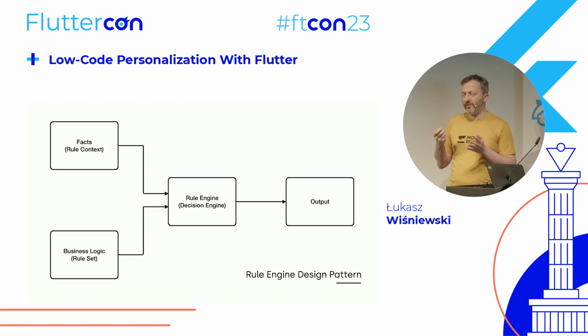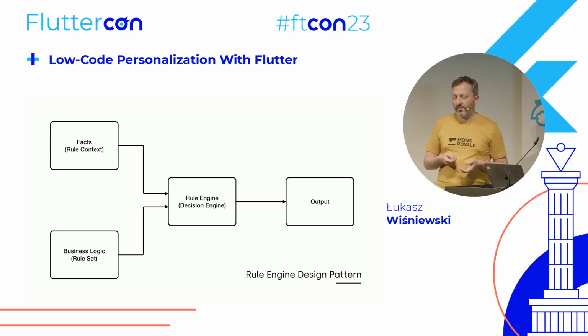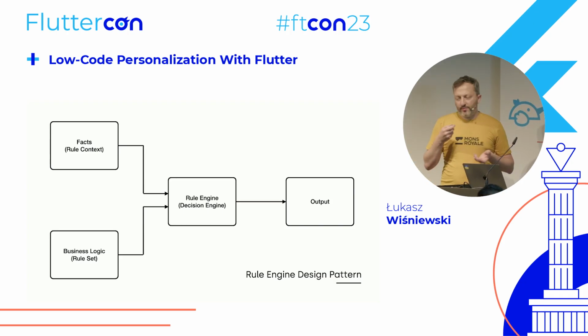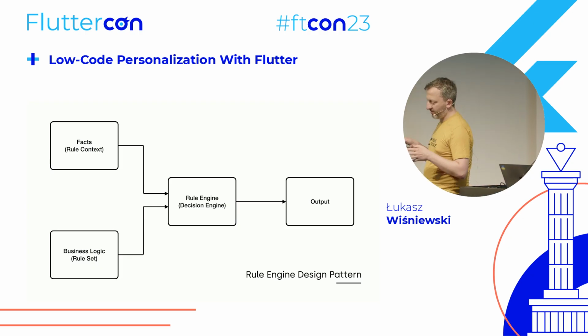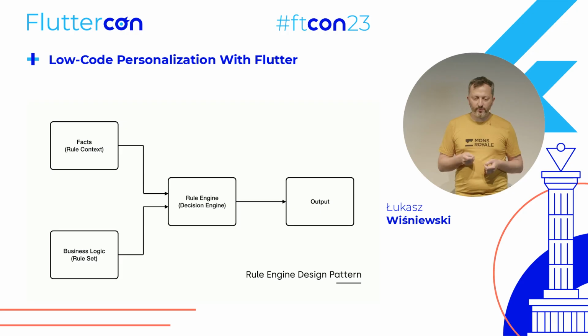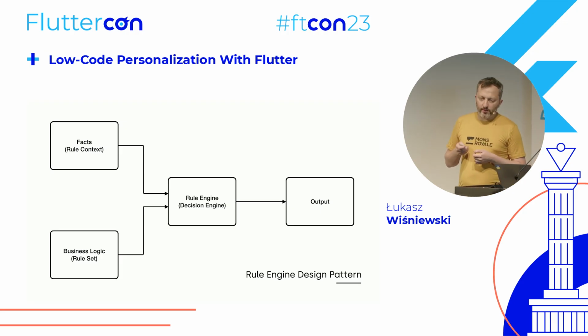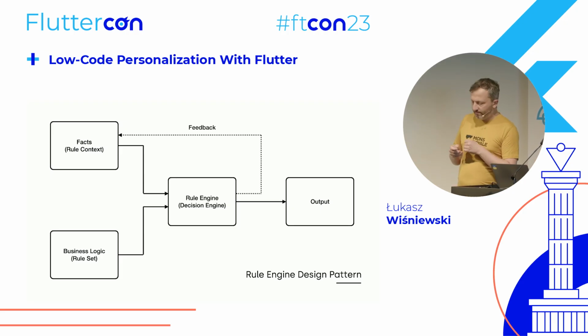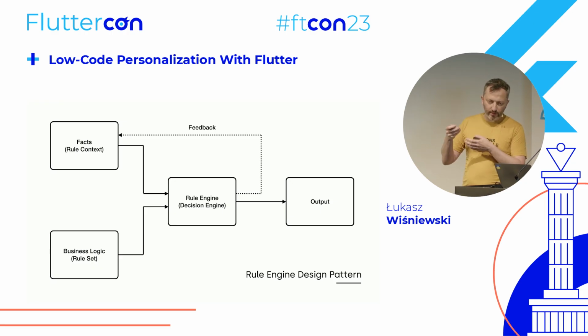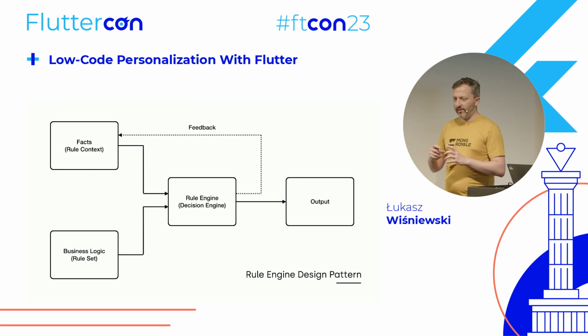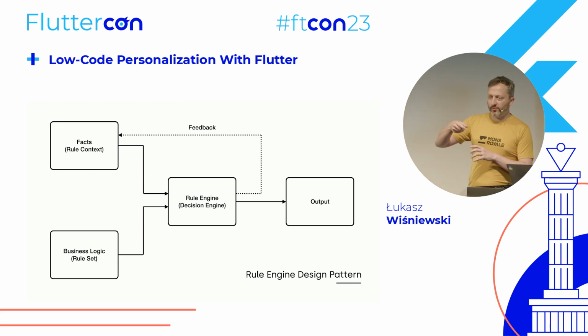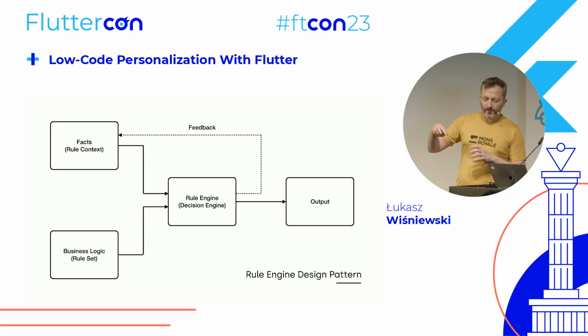So let's say birth date, maybe gender, or it could be a version of the operating system. Business logic is usually plain text written in some syntax that's being sent over. And then you can also have some sort of feedback coming from the rule engine. So based on existing facts and the business logic you have, it generates new facts.